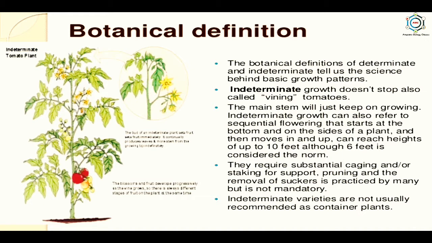Indeterminate growth can also refer to sequential flowering that starts at the bottom and on the sides of a plant and then moves in and up. Plants can reach heights of up to 10 feet, although 6 feet is considered the norm. They require substantial caging and or staking for support. Pruning and the removal of suckers is practiced by many but is not mandatory. Indeterminate varieties are not usually recommended as container plants.